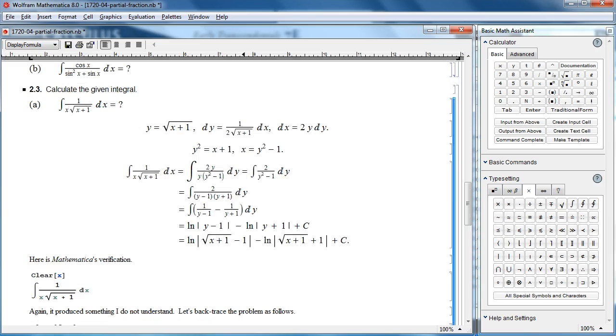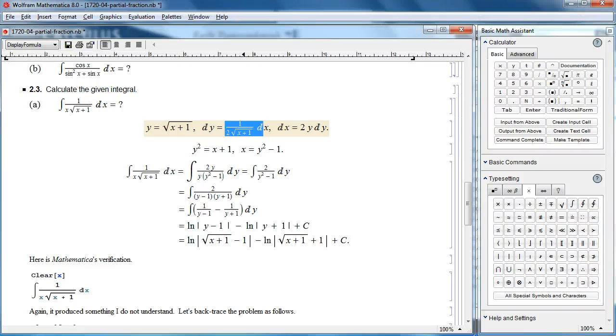Kind of like this, y as square root, and dy will be something like that, and then x plus square root of x plus 1 is equal to y, so dx is 2y dy. And then put everything in, and you're going to end up with a rational function.